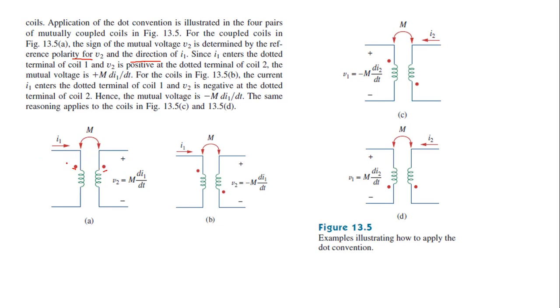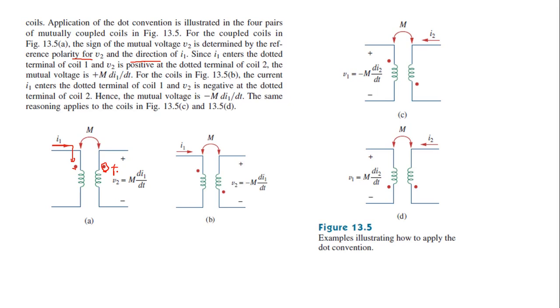So in the first coil, current enters the dotted terminal, right? So what is the rule? In coil 1, if current enters the dotted terminal, in coil 2, wherever this dot is present, that terminal is positive, right?